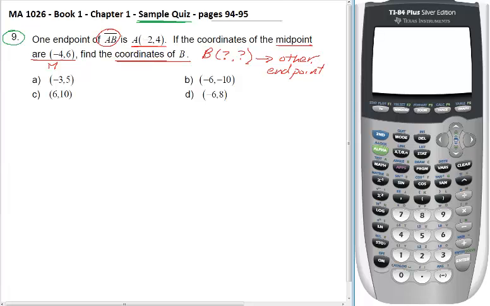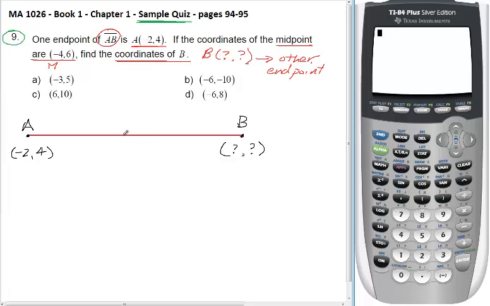Let me just sketch a segment here, AB. Let's say we know the coordinates of A, and they are (-2, 4). We don't know the coordinates of B on the other end, so I'll put a question mark, and somewhere in the middle is M. We know that's the midpoint, so these distances are equal.